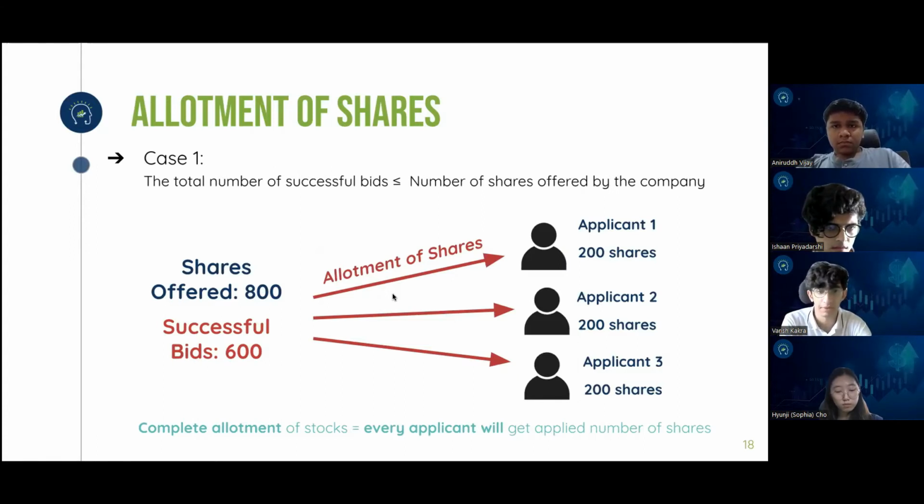So for example, here the shares are offered at 800 and the bids are 600, which is less than 800. So every applicant will get the number of shares he deserves. The complete allotment of stocks is equal to every applicant receiving the shares.